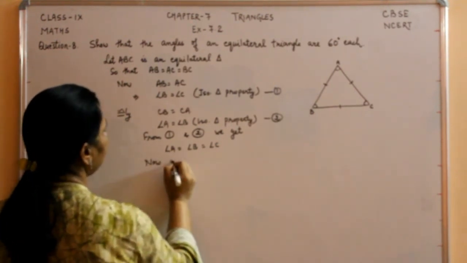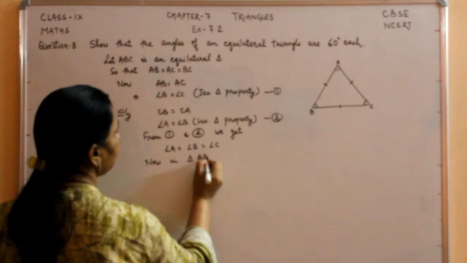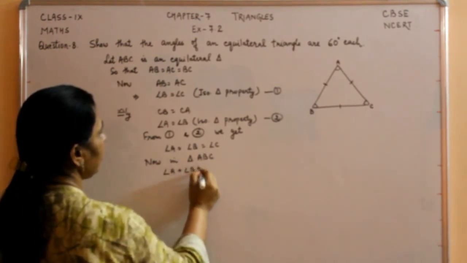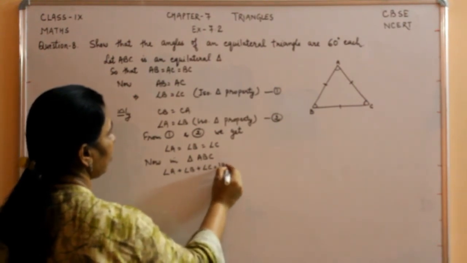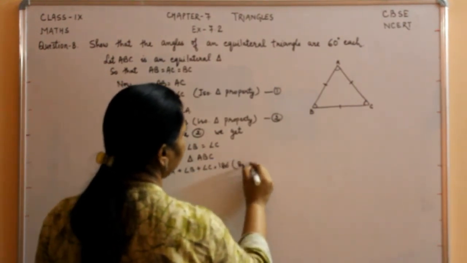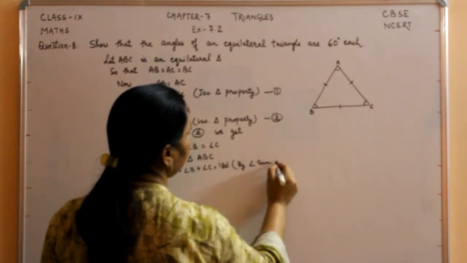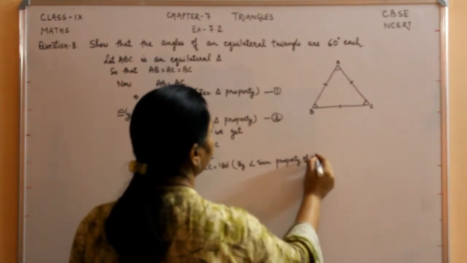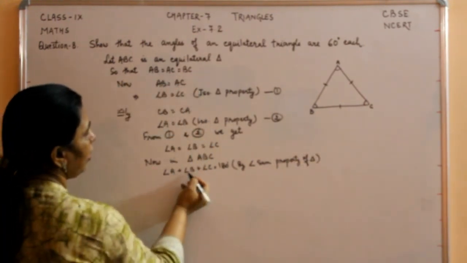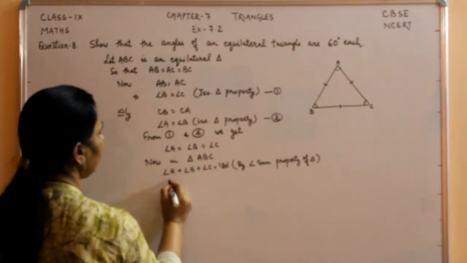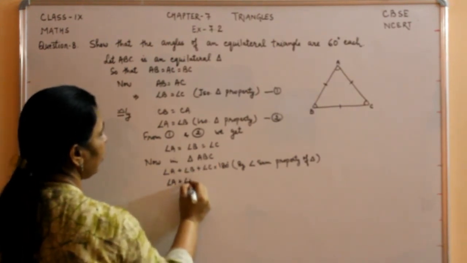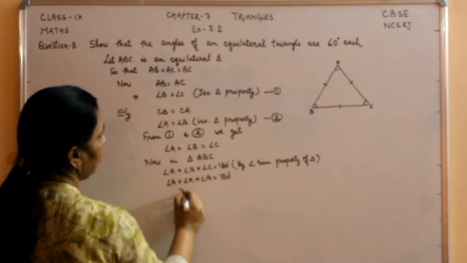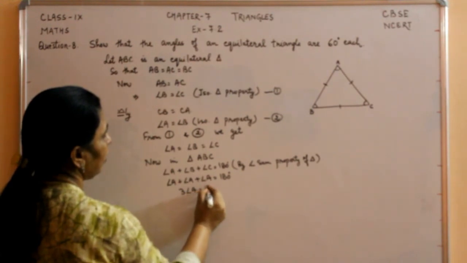Now in triangle ABC, angle A plus angle B plus angle C is equal to 180 degree by angle sum property of triangles. Now we can write angle A in all the places because they all are equal. So angle A plus angle A plus angle A is equal to 180 degree. 3 times angle A is equal to 180 degree.